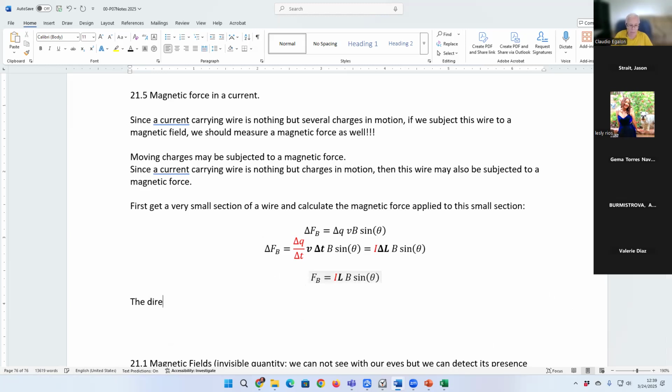The direction of the force is given by the right hand rule.